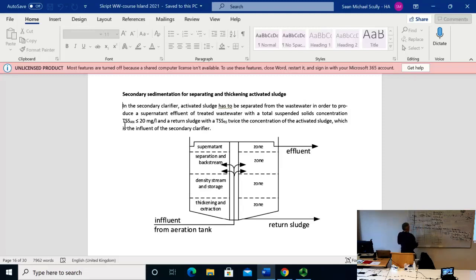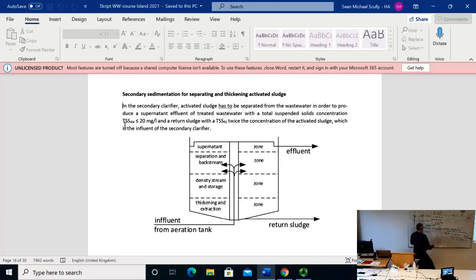And then this ends up that CTSBB is equal to QRS divided by Q sub B plus QRS times CTSRS.